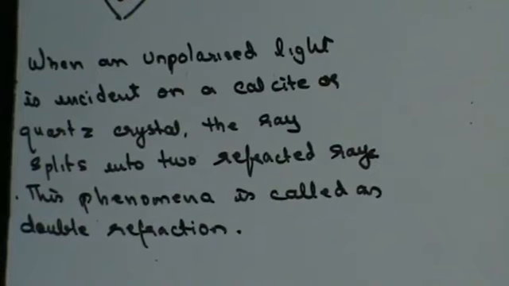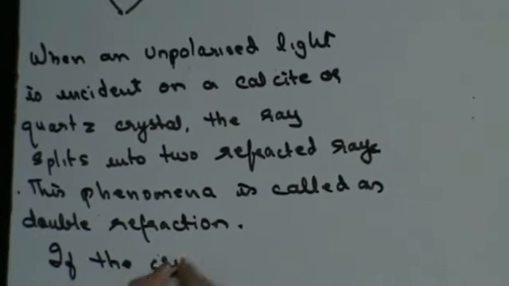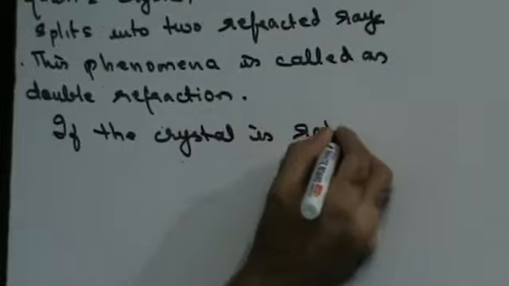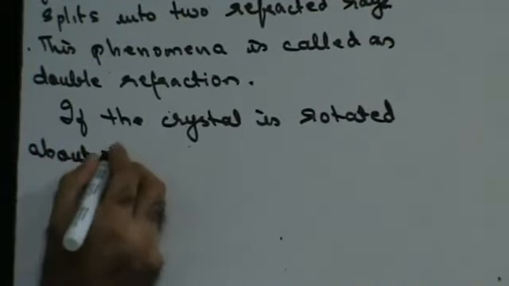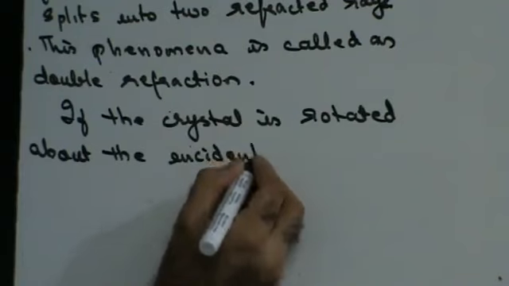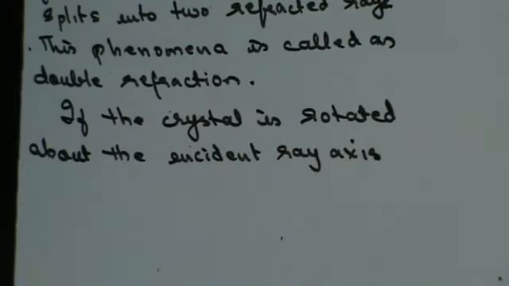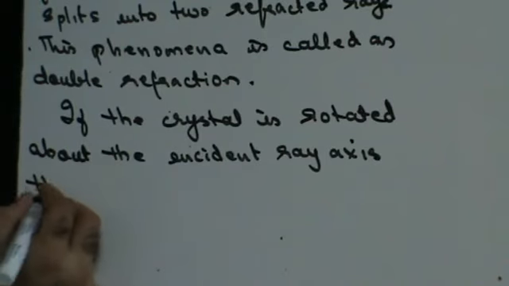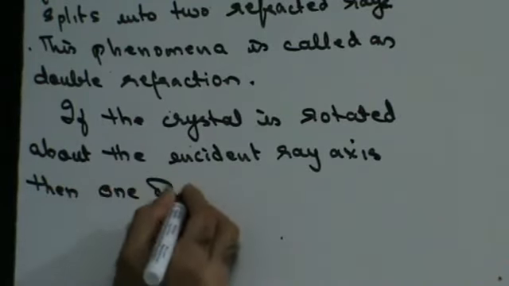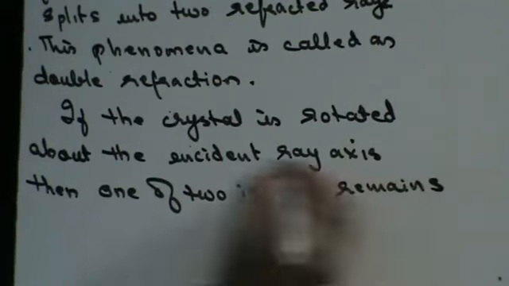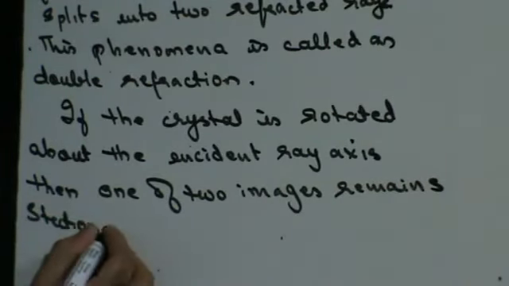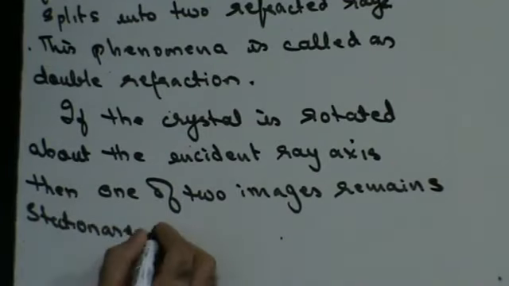Now, if the crystal is rotated about the incident ray axis, then one of the two images remains stationary, and this is called the ordinary image.